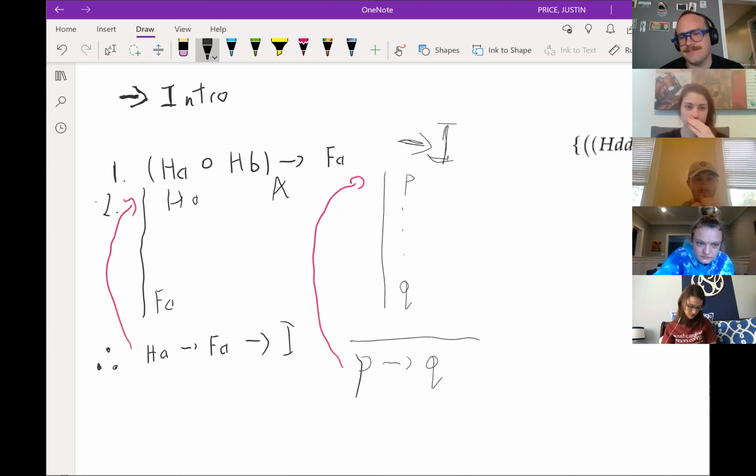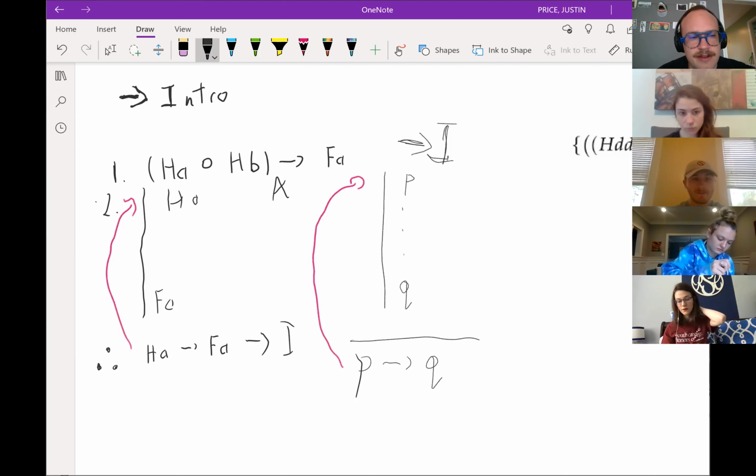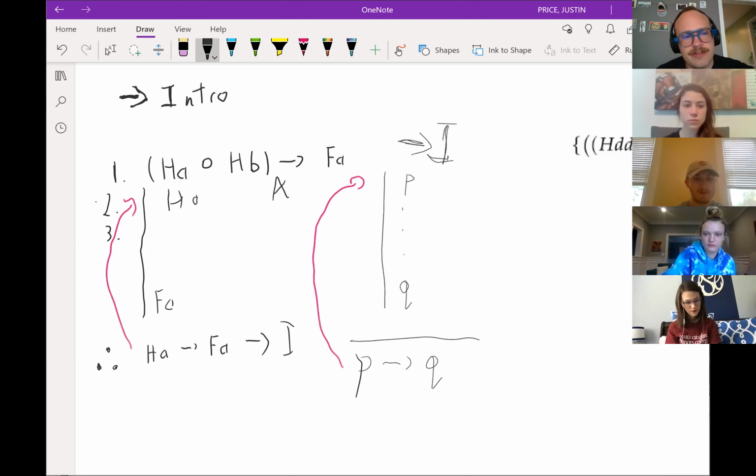Because we need the antecedent for the premises to get FA. Mm-hmm. So FA is in premise 1 there, and it's what we need in order to complete the subderivation. Our next goal is figuring out how to extract that. One thing we can do is make the antecedent to that conditional in the premise.